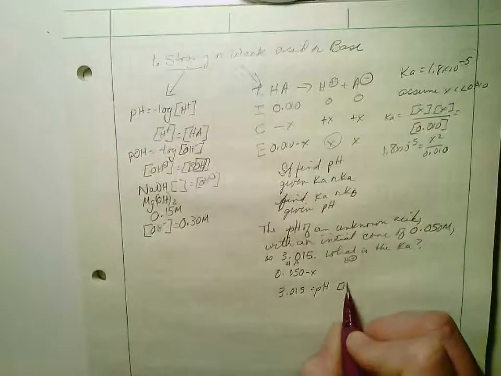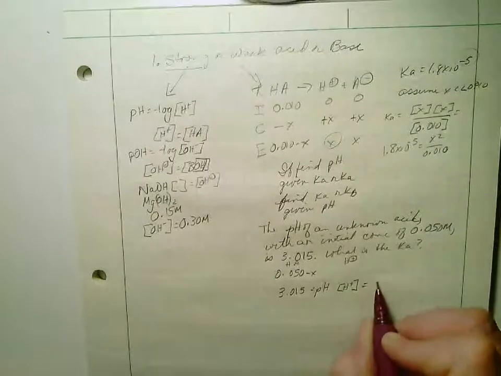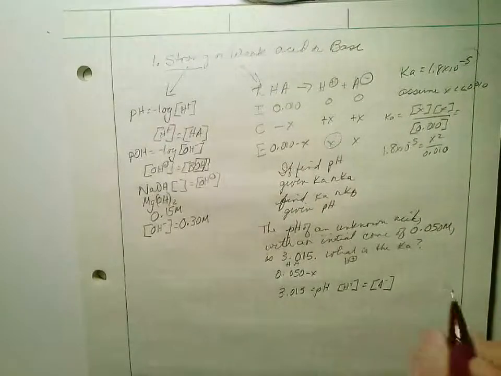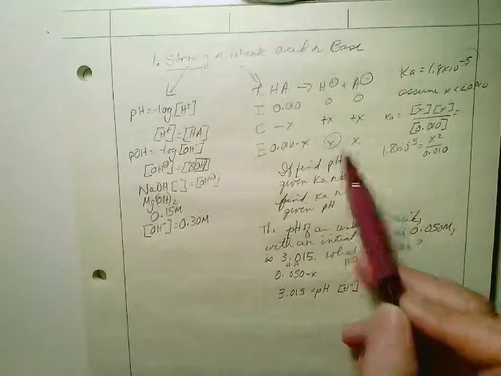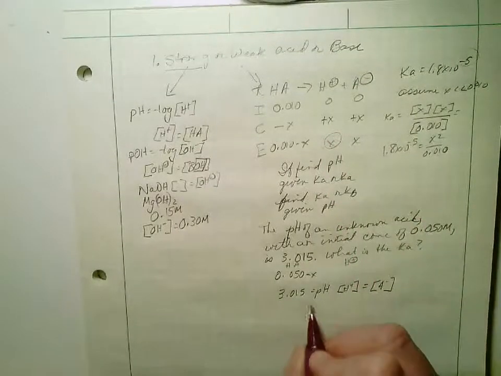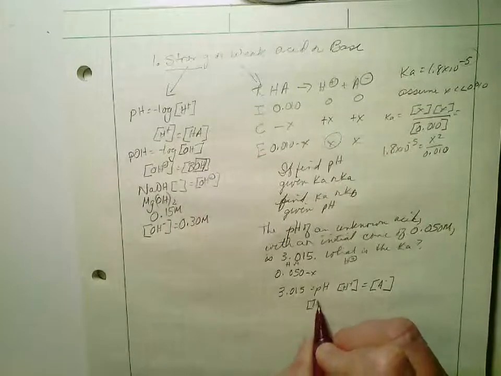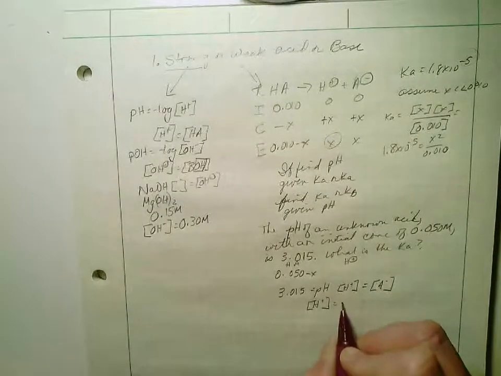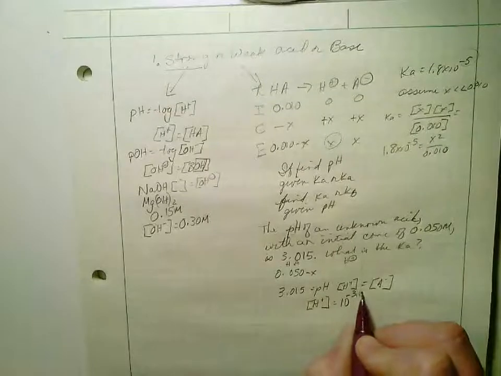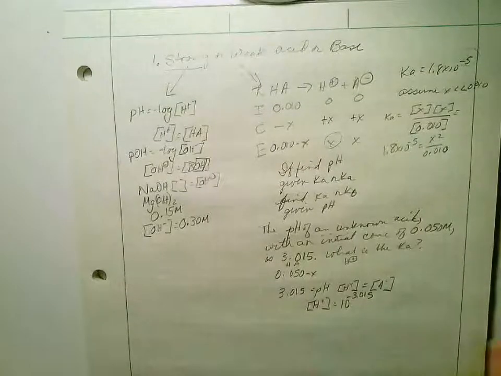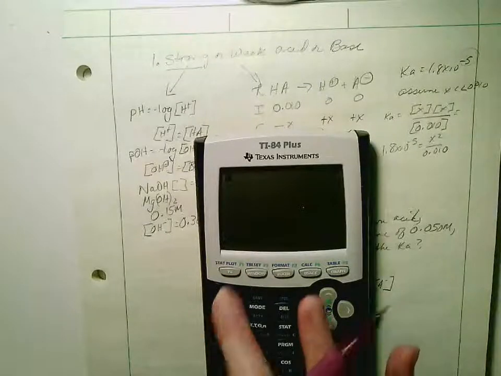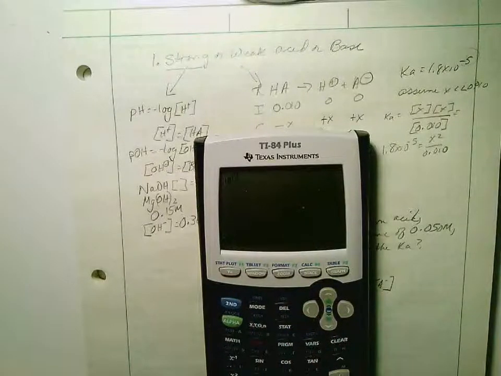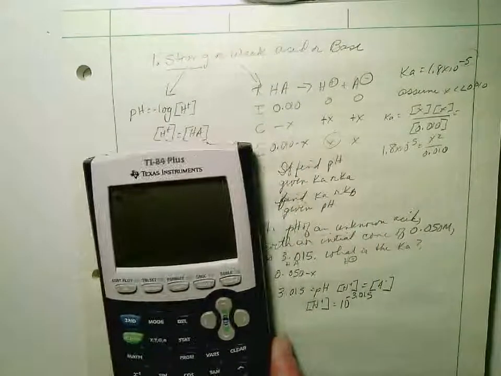And so my hydrogen ion concentration is going to equal my anion concentration, because this is still true. These two have to be the same. And so to find my hydrogen ion concentration, it would be 10 to the negative 3.015. So 10 to the x is right above the log button. Second, 10 to the x, negative 3.015. Did I do that right? Yep.